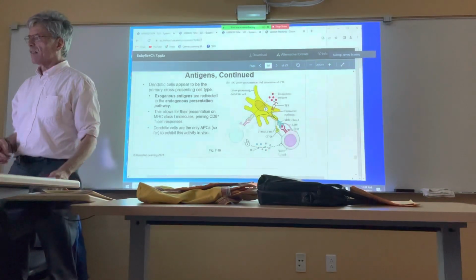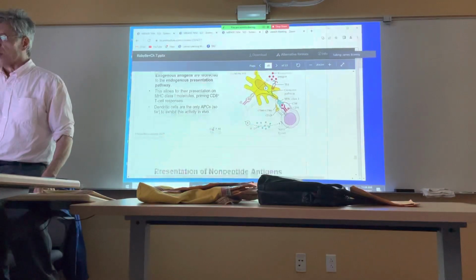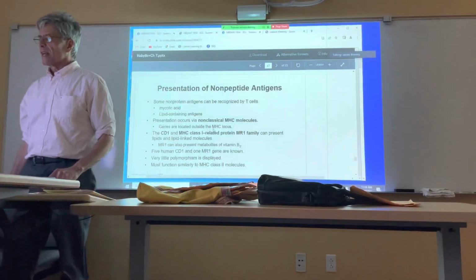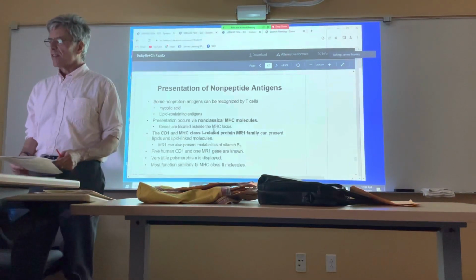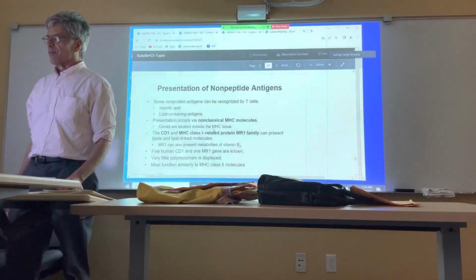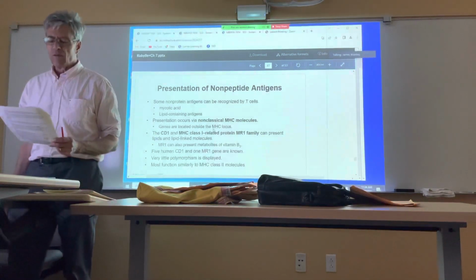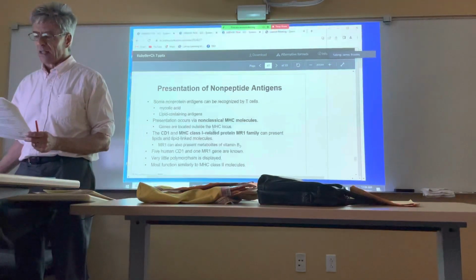Okay. Lastly, I think this is one of the sections that I said don't worry about, but I will mention this to you. So sometimes there are non-protein antigens recognized by T cells, and these are presented by so-called non-classical MHC molecules. CD1, so this is the CD1 family of non-classical class 1.